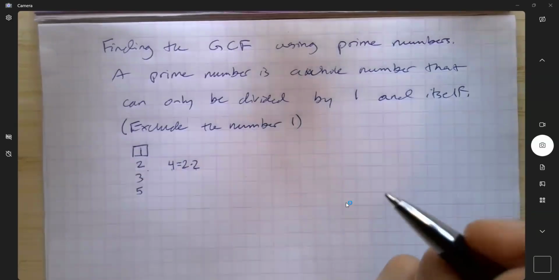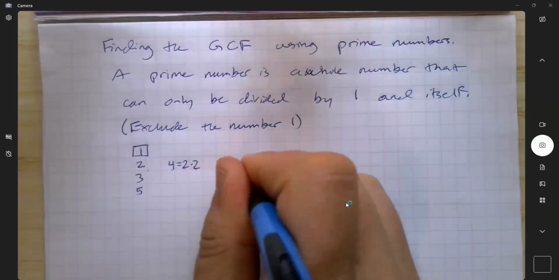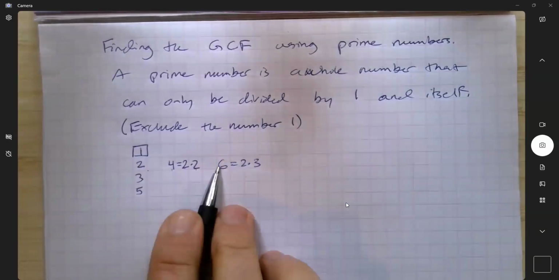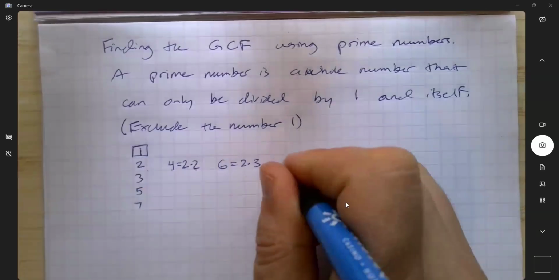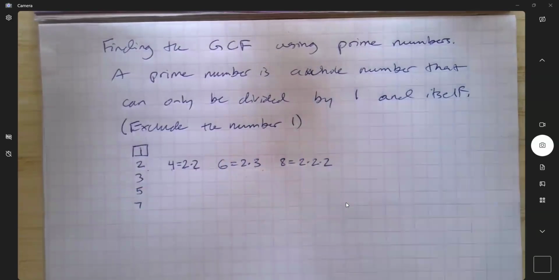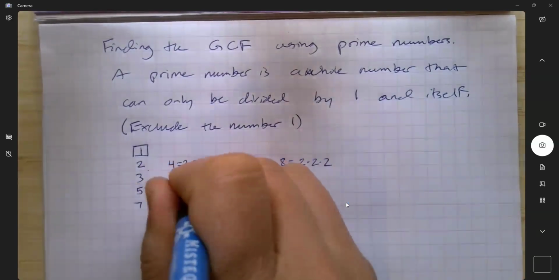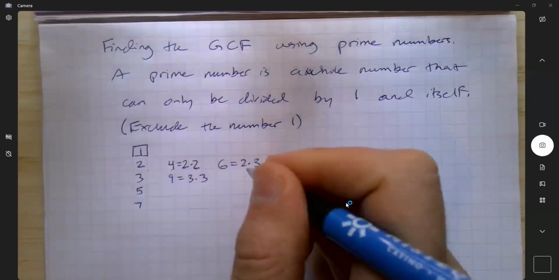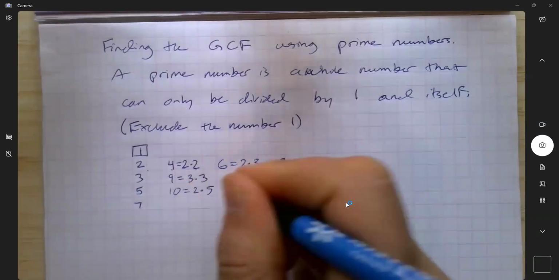5 can only be divided by itself and 1. But 6, which can be written as 2 times 3, not prime. 7 can only be divided by itself. 8, I can write it as 2 times 4 or 2 times 2 times 2. And 9, I can write as 3 times 3. And 10, I can write as 2 times 5.